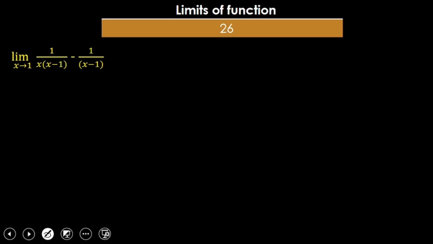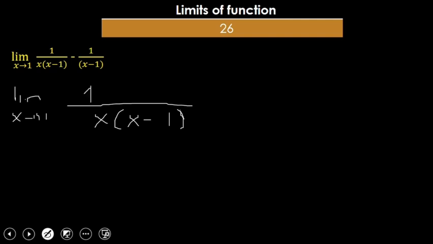To the next question. Here we just have to do the LCM of it. The limit as x tends to 1 of x into x minus 1. This and this here will be 1. This and this minus x. We can rearrange this question.